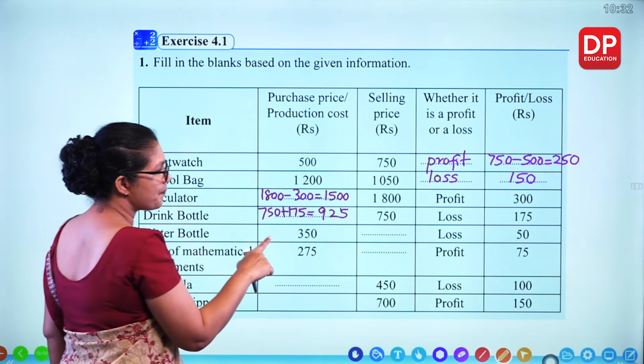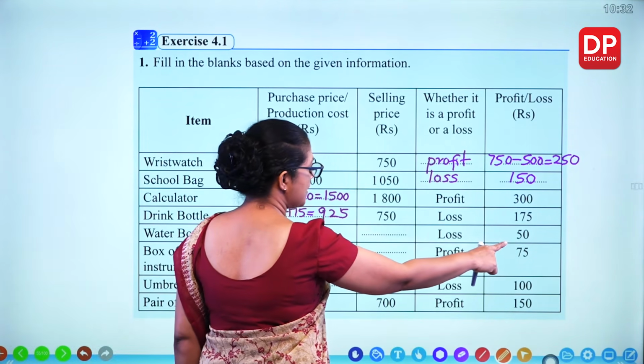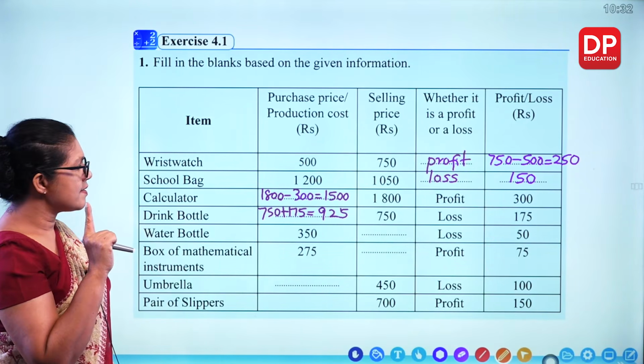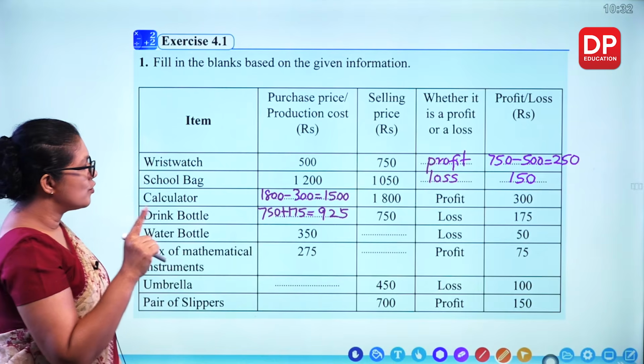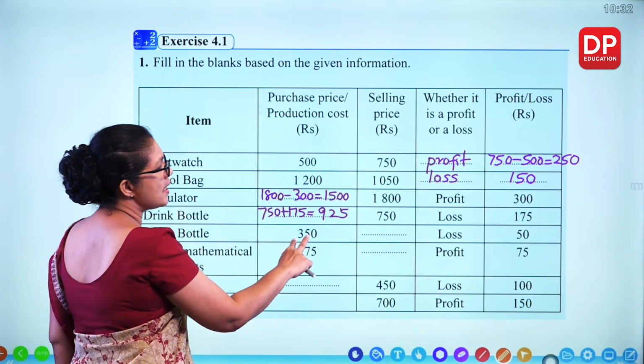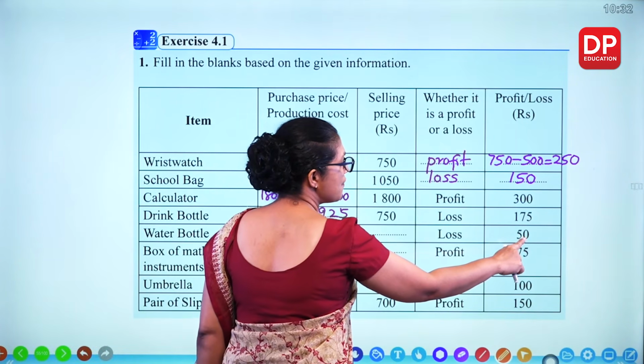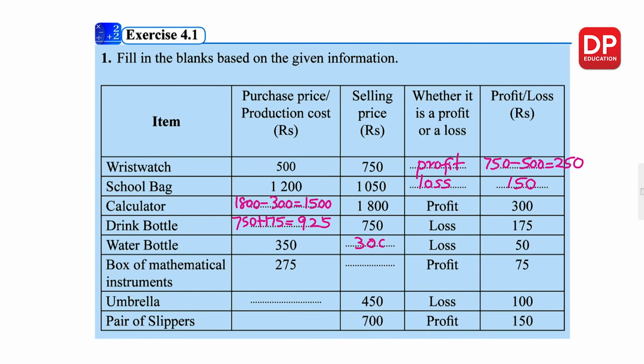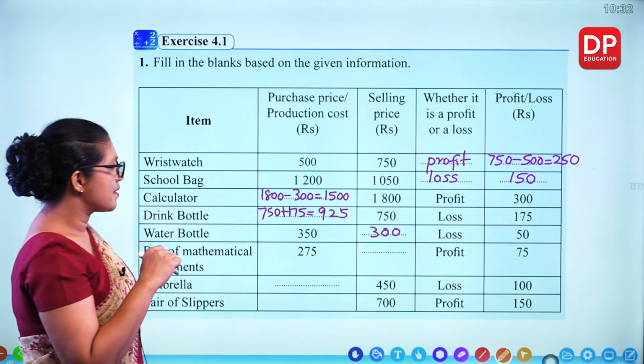This one, loss is 50. And the water bottle purchase price is 350. So 350 minus 50 is this value. So that's 300 is the selling price.